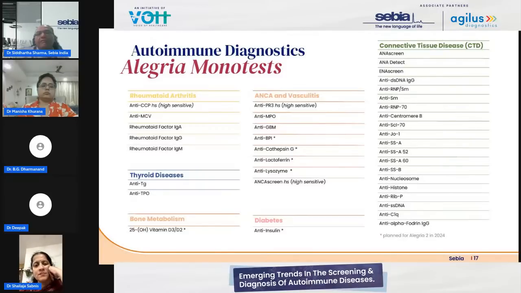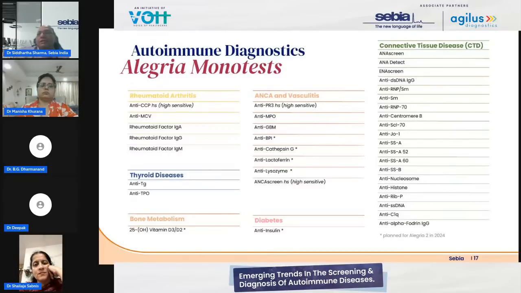Also for ANCA and vasculitis, high sensitive or the third generation PR3 testing is available, apart from ANCA screen high sensitive, which encompasses testing again using a linker technology for both MPO and PR3, thus enhancing the sensitivity and specificity.